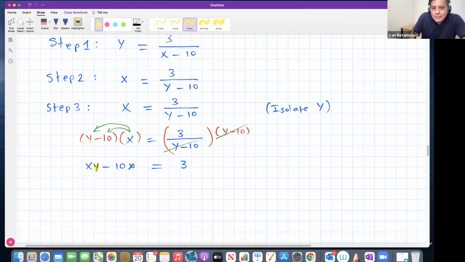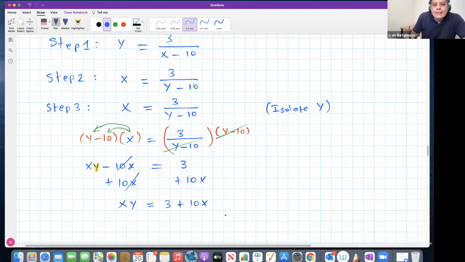So I should get rid of this, or transpose this to the other side, changing its sign. I just add 10x, right? And a piece of advice, guys, if the equation is complicated, do this carefully, okay? So this will be 3 plus 10x, or 10x plus 3, doesn't matter really. Just write 3 plus 10x.